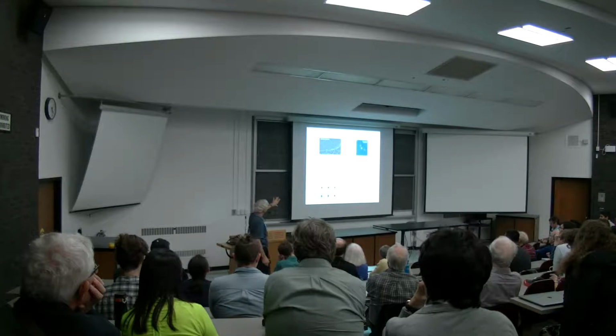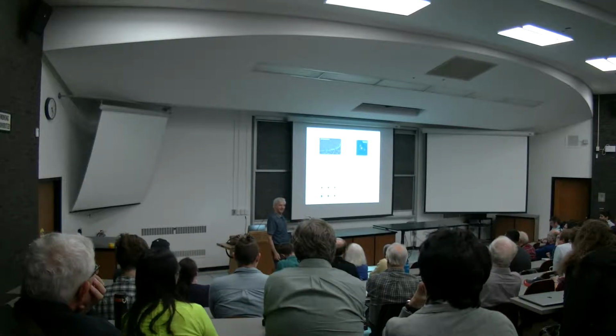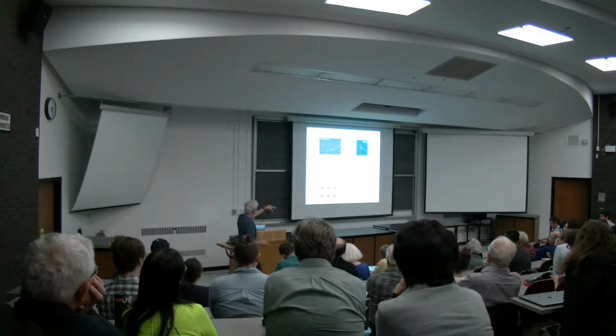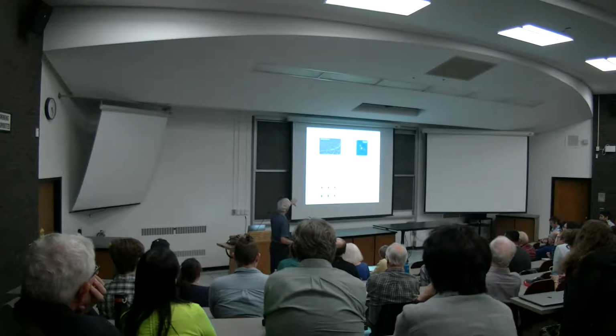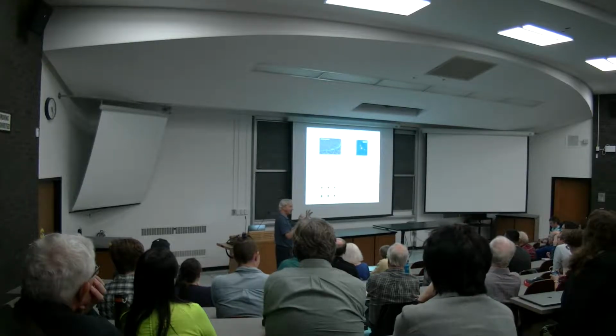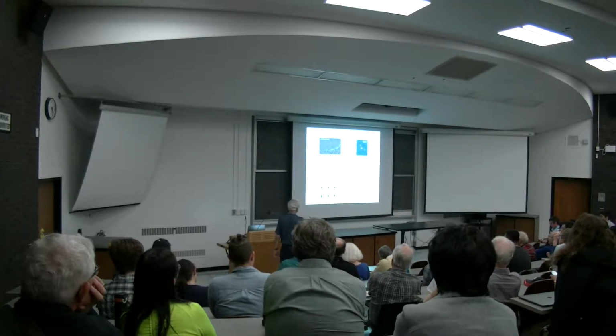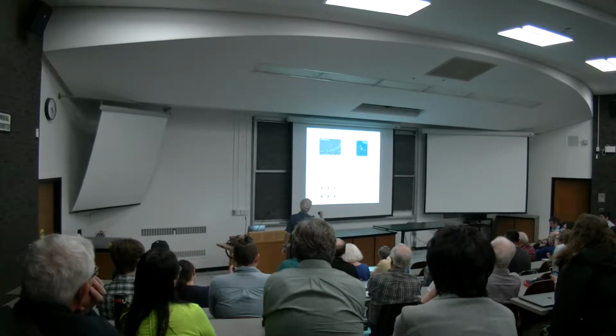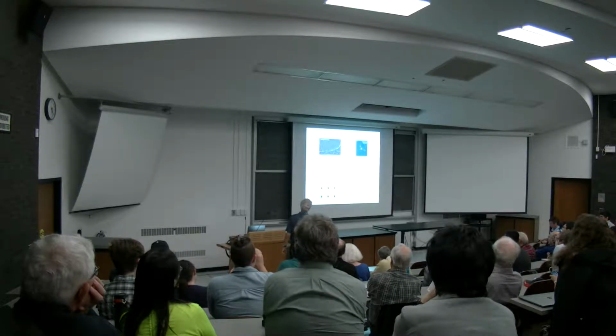This is an incomprehensible figure that appeared in the multi-messenger paper. But you're not supposed to follow the details. I'm sure you can't read even what's there. But this is supposed to give you a sense. So here is the detection in gravitational waves. Here's the detection in gamma rays. So that's shown.